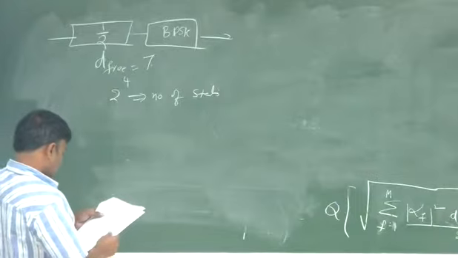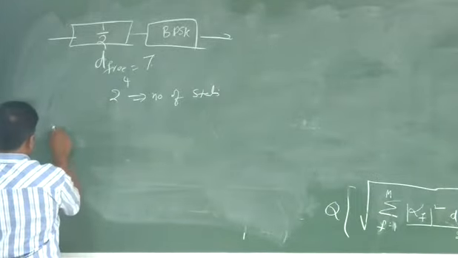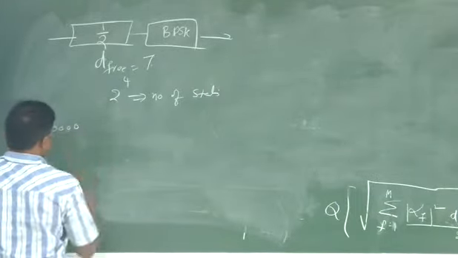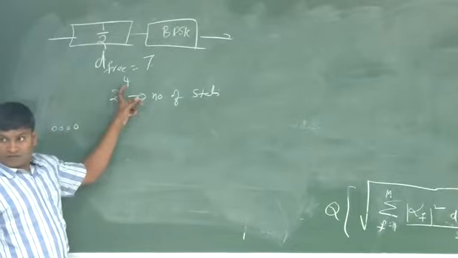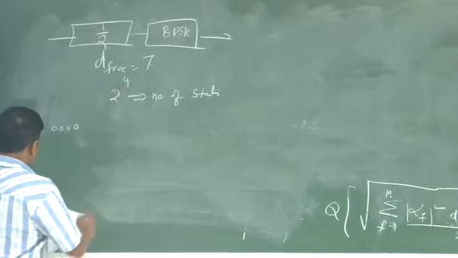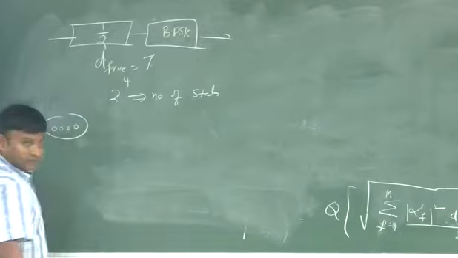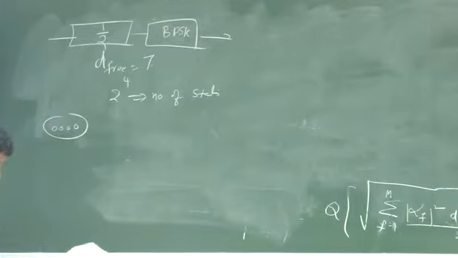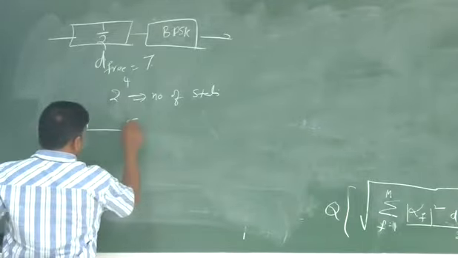The state 0 0 0 0, right? Shift register with 4 elements. So you start with this, and then we construct an all zero error event.